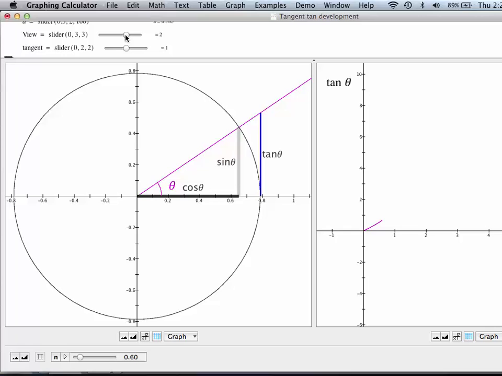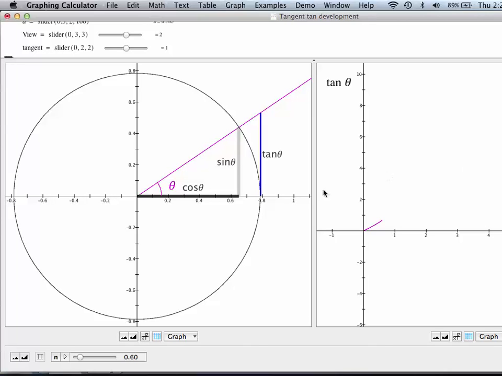What about sine? Malin, what would you estimate the value of the sine to be? 0.4? Yeah, 0.4, 0.5, about 4/10 of the way up the radius, right? Okay, and what did we say tangent was?